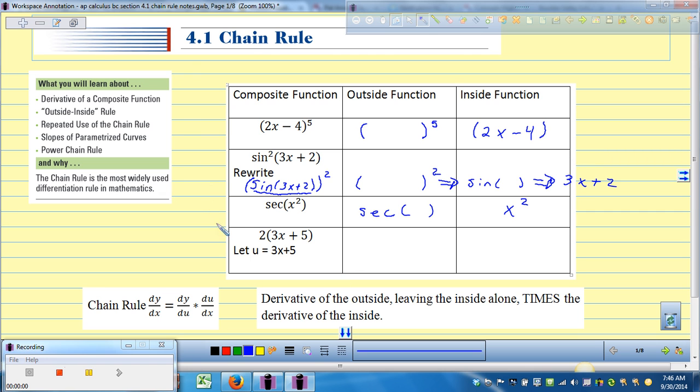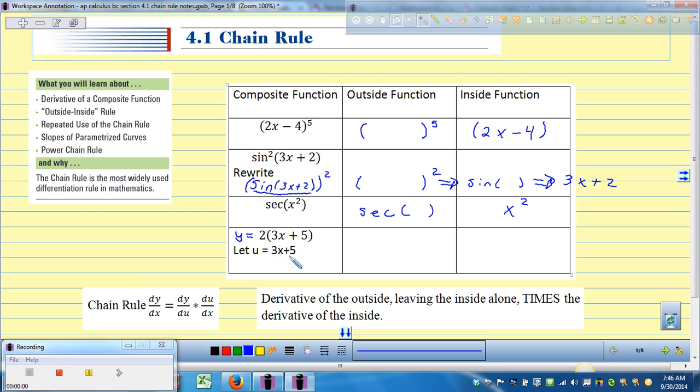All right, so on this final one, I want you to label that y equals 2 times the quantity 3x plus 5. And we're going to use a little notation here that leads us to the formal form of chain rule. And to do that, we're going to say, well, okay, let's let the inside equal u.